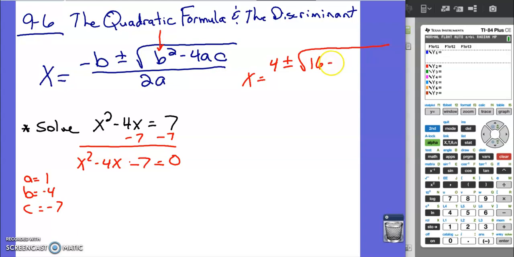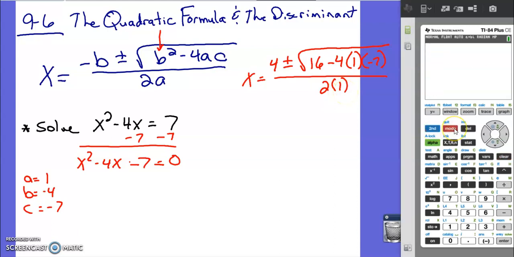And then you have minus 4 times the a times the c, all being divided by 2 times a. And a is just 1, so we're just going to have 2 on the denominator. Now, how to actually substitute this into your calculator? I would suggest that you plug it in exactly the way it looks.